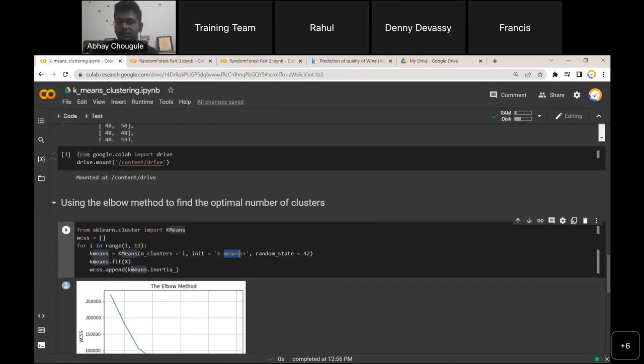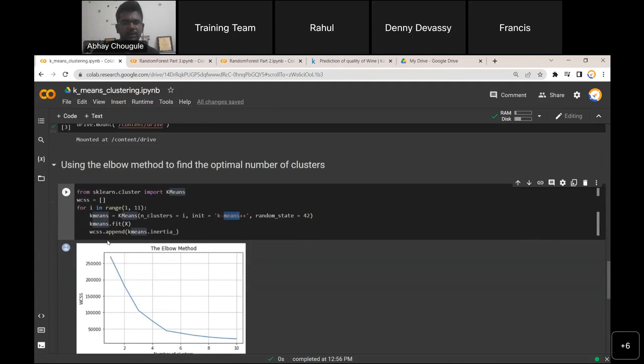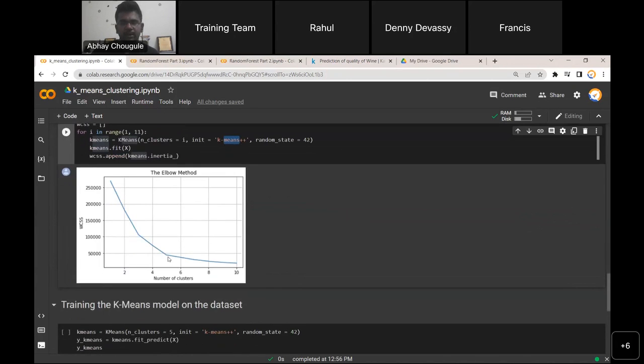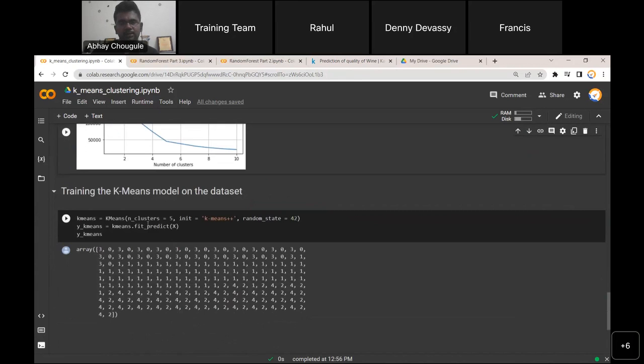I'm not passing x_train and y_train here, just x data, because you have only observation values. You will get the whole execution, and at the first bend of the curve you will get a point for k size, and you can pass it as n_clusters.